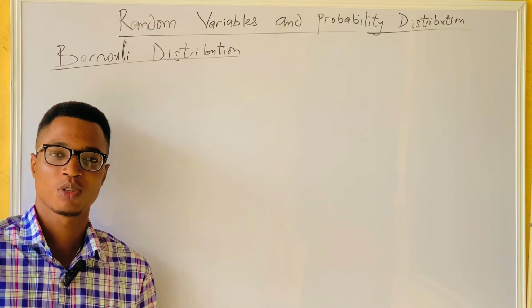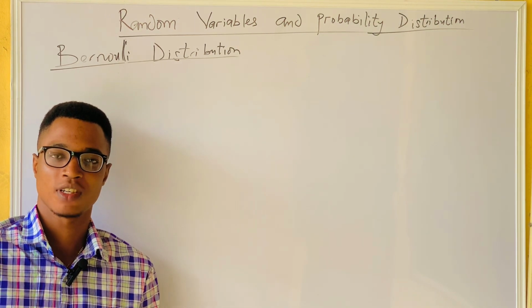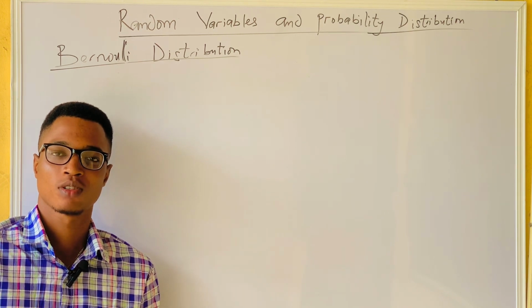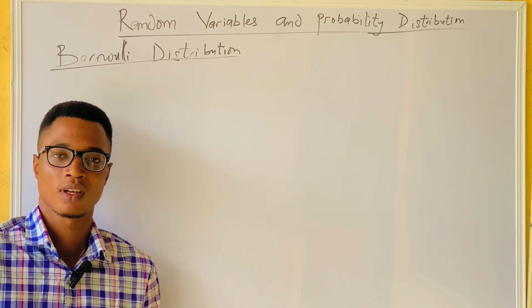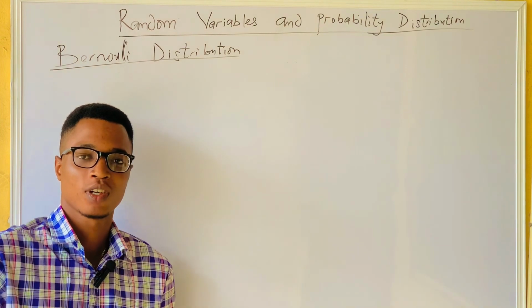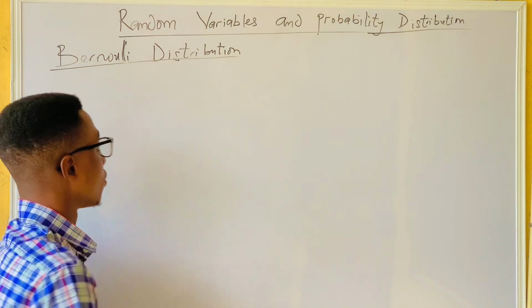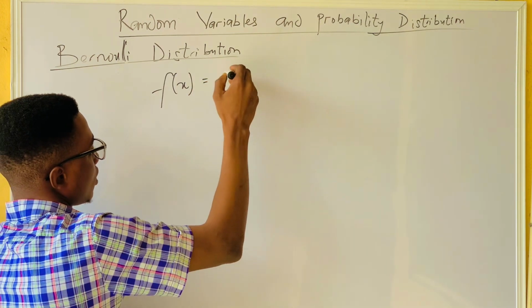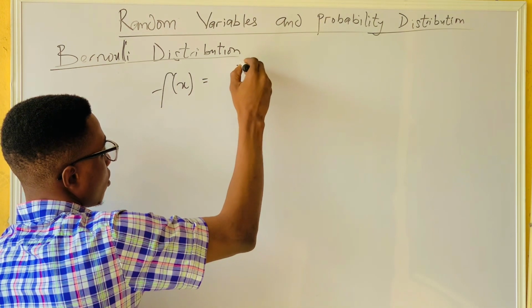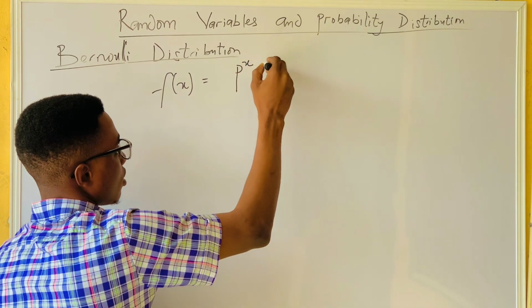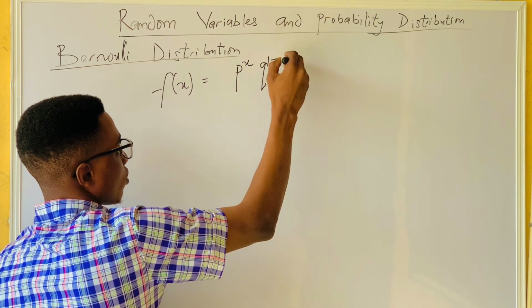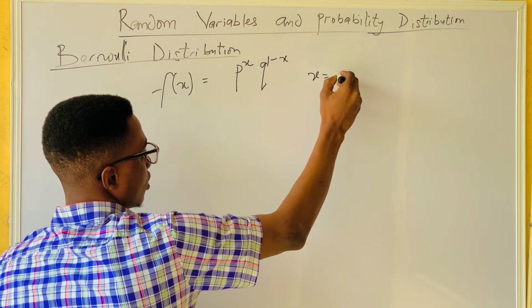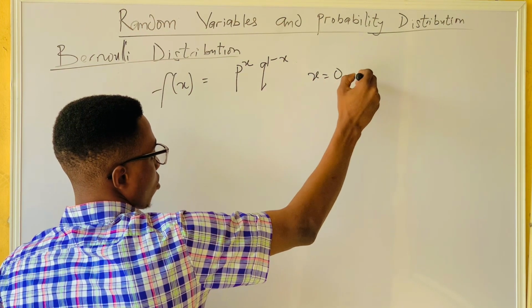A Bernoulli distribution takes into account two events, 1 or 0, yes or no, success or failure. Bernoulli distribution has a PDF of f of x equals p raised to power x, q raised to power 1 minus x, where x ranges from 0 to 1.